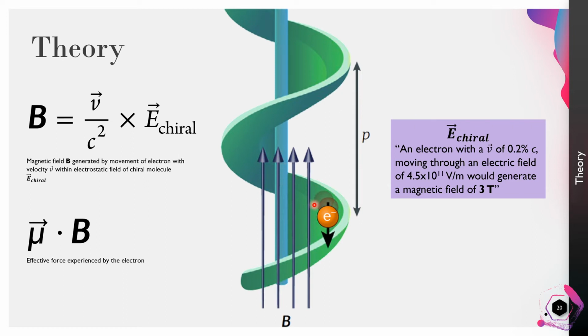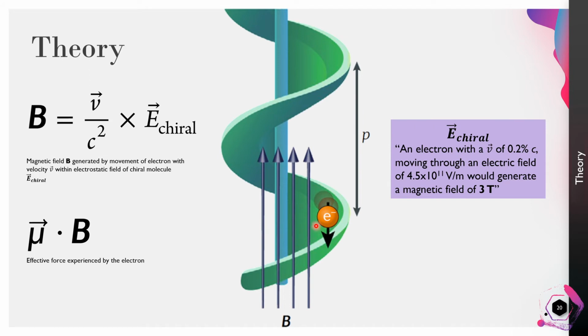And depending on the magnetic dipole of the electron, the dot product of that electron with the magnetic field it is now coupled to would exert a force which favors the spin of one electron over the other.